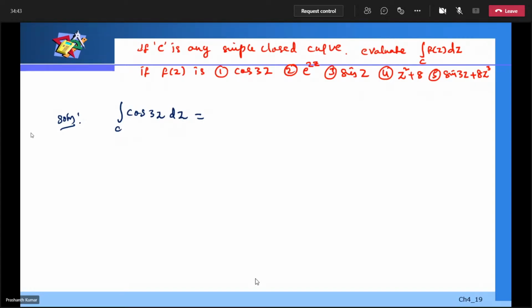0, sir. Correct. That's all. The answer is 0 because cos 3z is an analytic function, and by Cauchy's integral theorem, with f dash z continuous, the integral over C of cos 3z dz is 0.